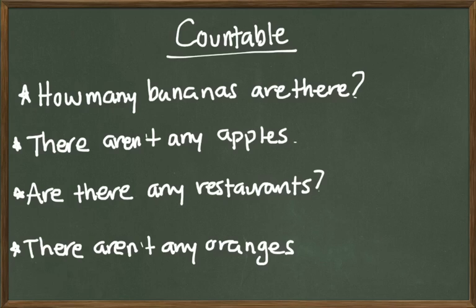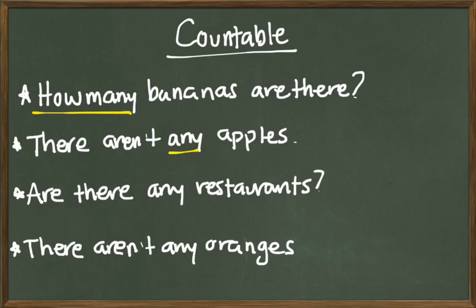We have number 1. How many bananas are there? As you can see, we're using our expression we just mentioned, and this is asking for the quantity of bananas maybe in the refrigerator or in the house. Number 2. There aren't any apples.